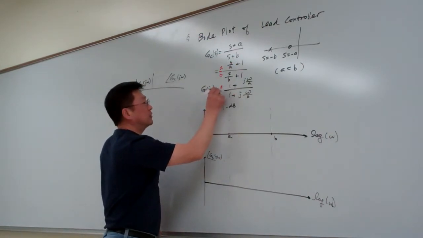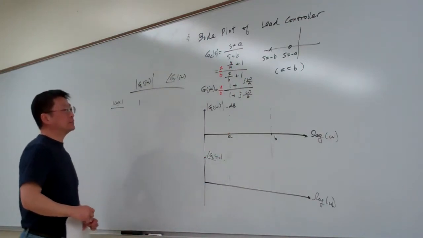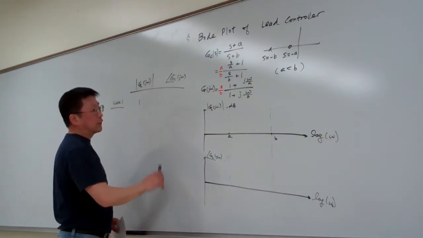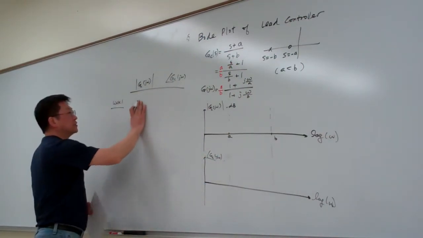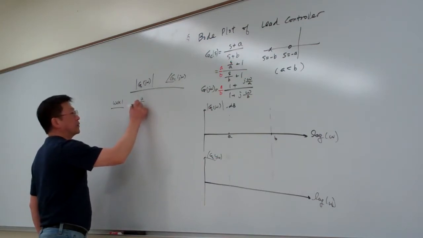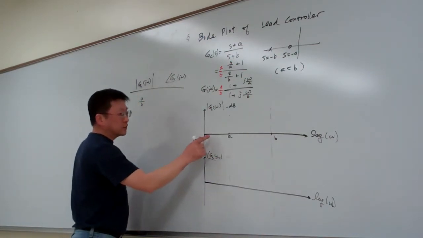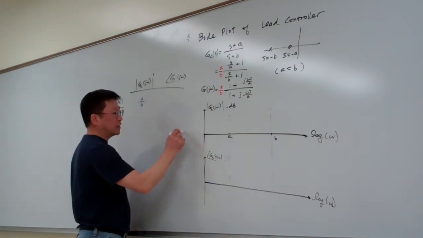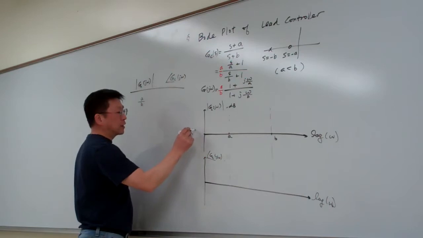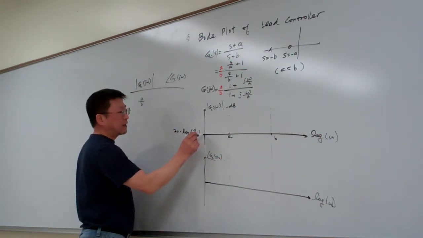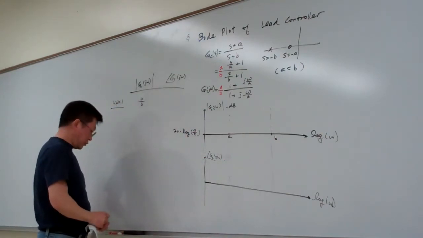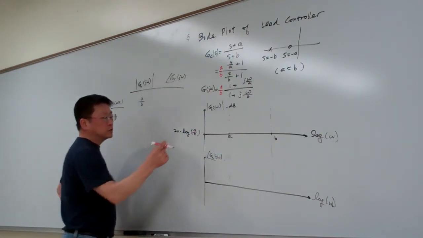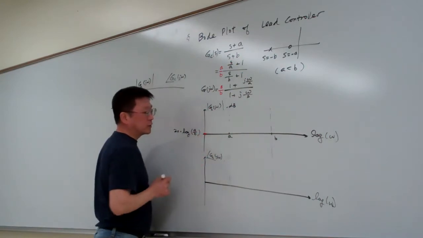So this one, and here is a constant, okay? So when omega is very small, basically this value equals A over B. So that means when omega is very small, this is my drawing point, that is 20 log of A over B. So let me set this value here. Okay, so this is the point we have.